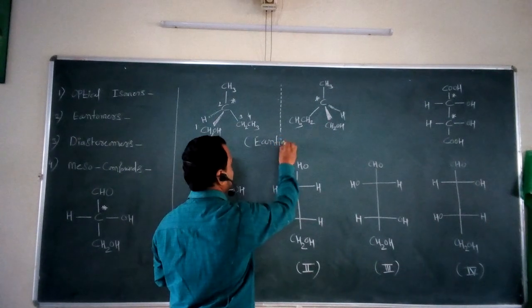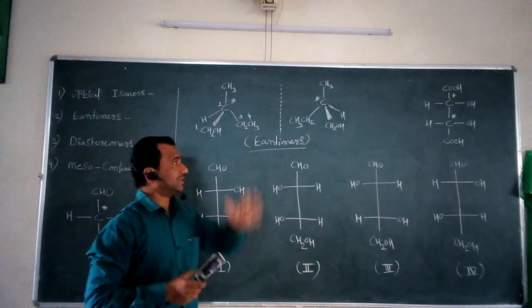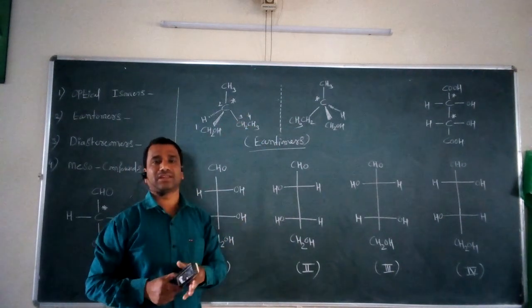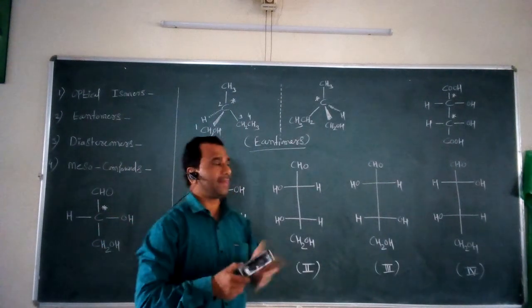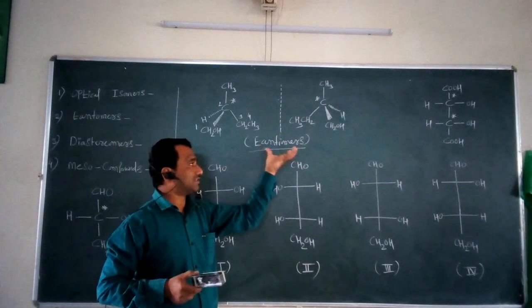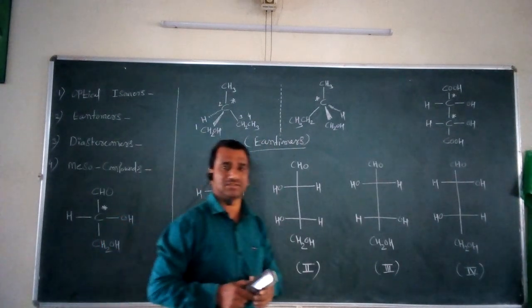So these two forms of 2-methyl 1-butanol are non-superimposable mirror images of each other, and that's why these two stereoisomers are called enantiomers of each other.